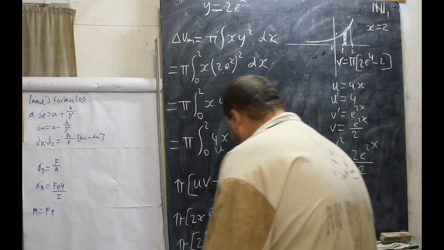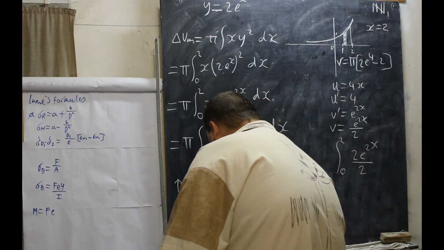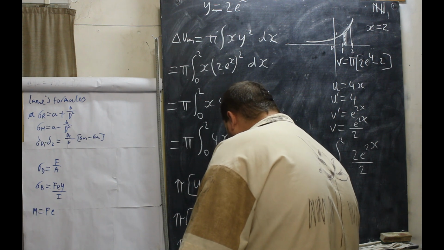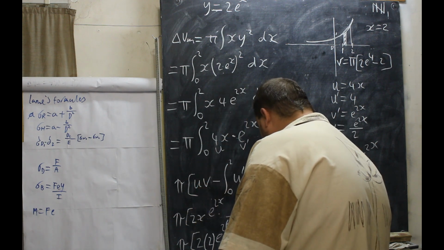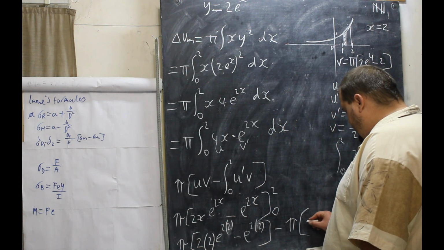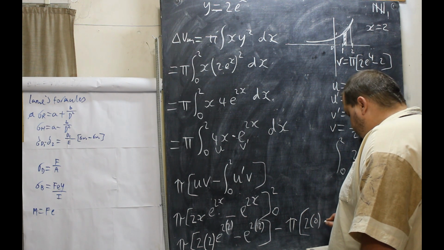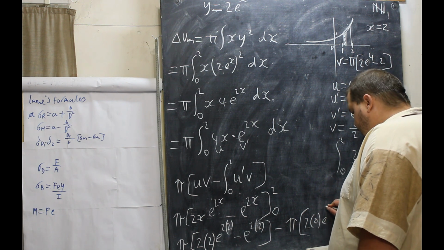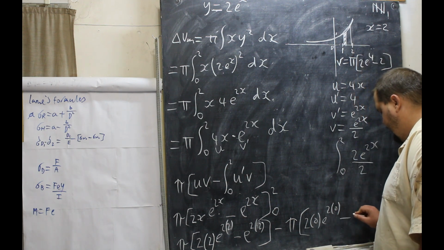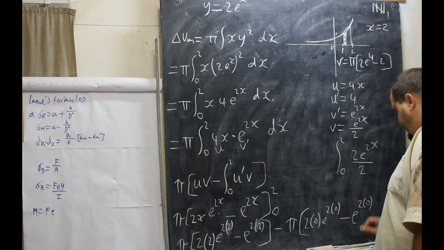Now all we have to do is substitute: this is 2, this is 2, and that is 2. Now we've got 2 times 0 e to the 2 times 0 minus e to the 2 times 0.